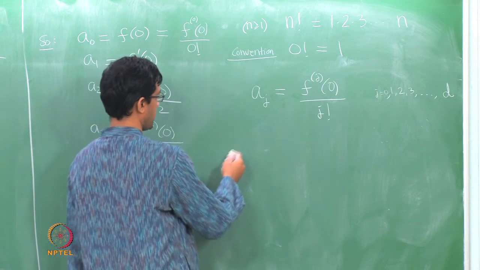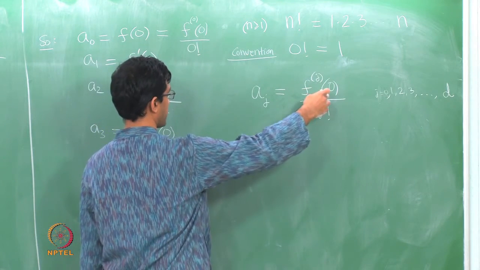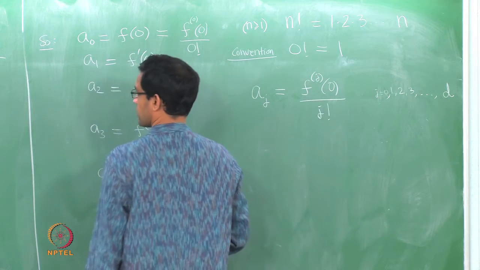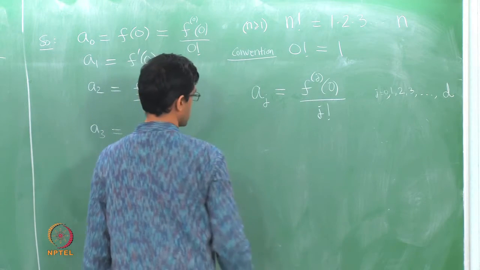Okay. So, what does that mean? The jth derivative evaluated at 0 is in fact given, that is exactly what we require to be Cj.